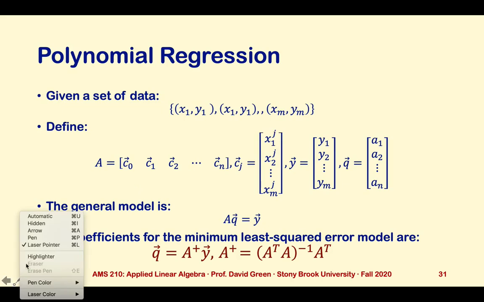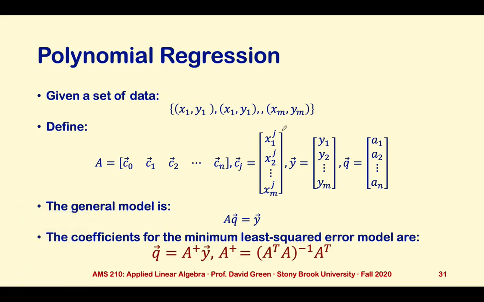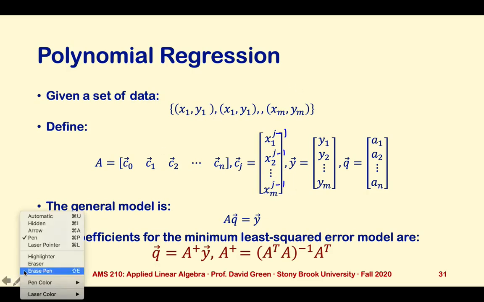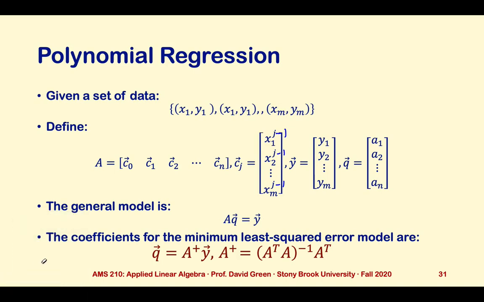This isn't quite right. I should write this as j minus 1 here, but we're starting counting at 0 here, so we don't have to bother doing that. Each column, Cj, is given by xi to the j.